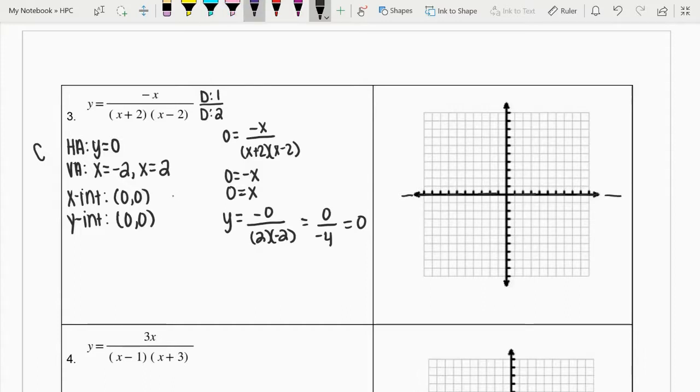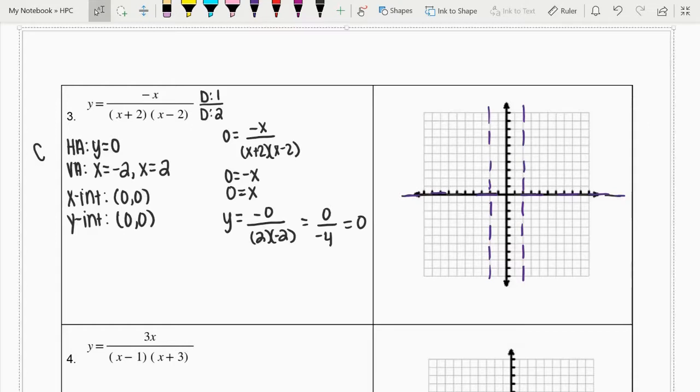I'm going to use a different color. There we go. Then my vertical asymptotes at x equals -2, and then x equals +2. Okay, and then the only point that we know is 0.